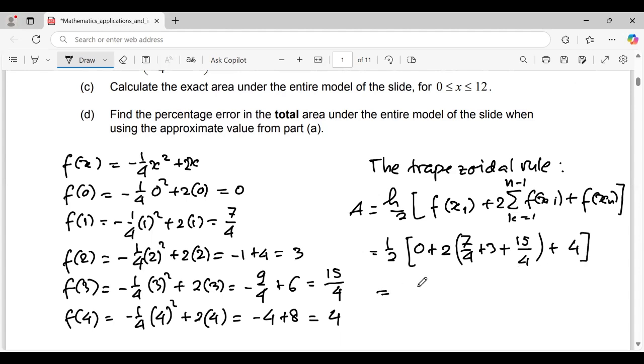And if you calculate, the result is 10.5 square meters. Right? Square meters, the unit. Sorry, this is part A.